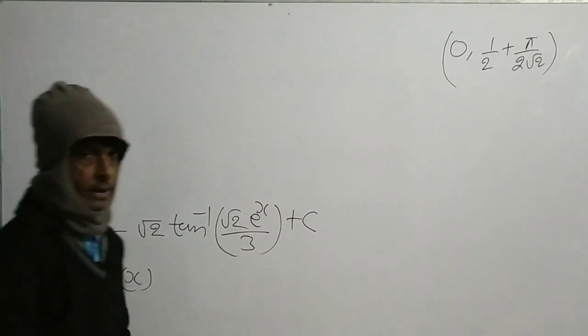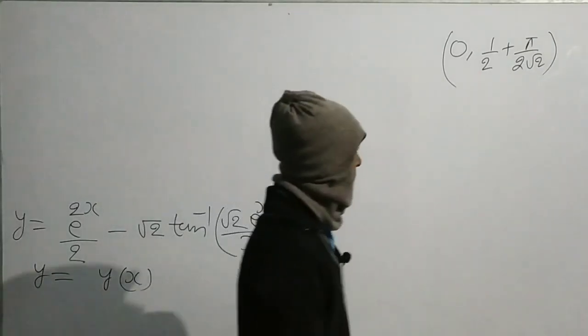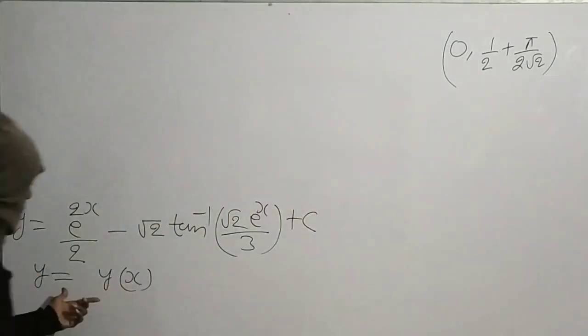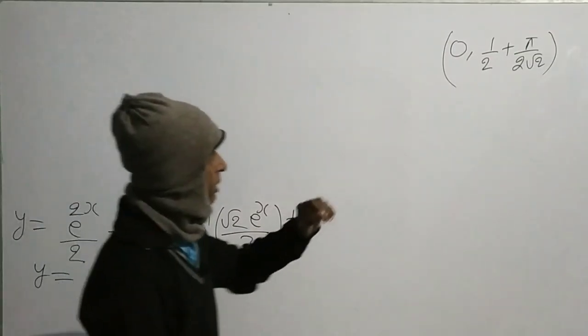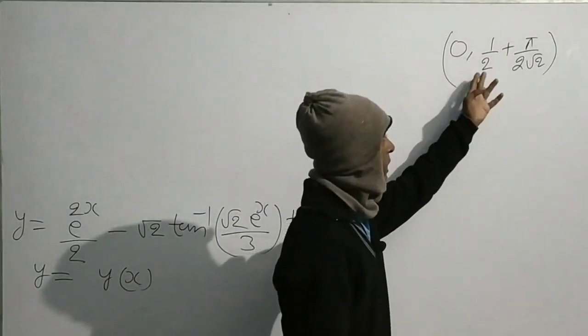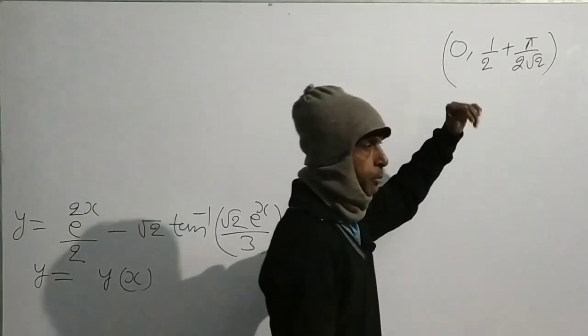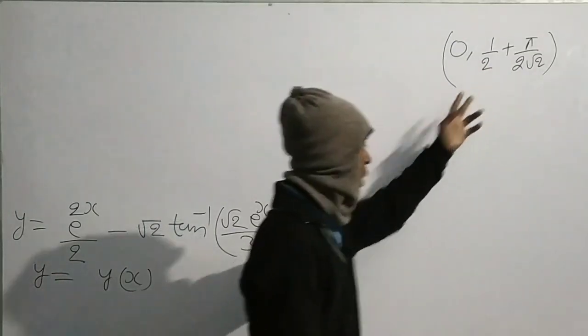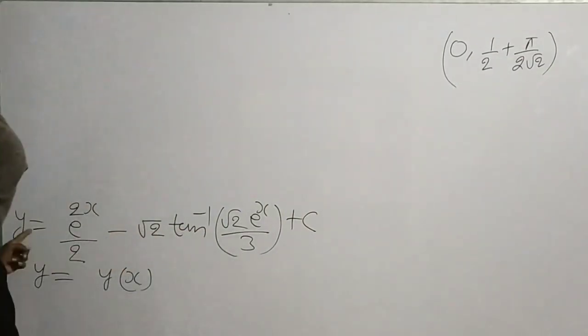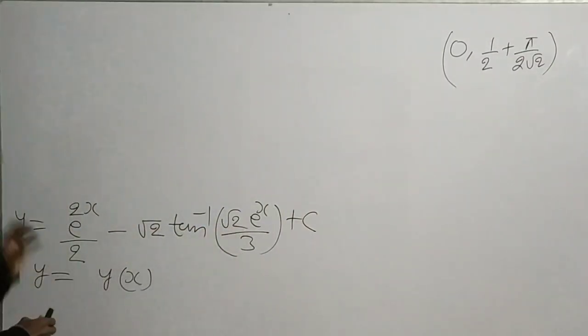Now in the question it is also said that this curve y is equal to y(x) passes through this point. If this curve passes through this point, then the coordinate of this point will satisfy this equation.